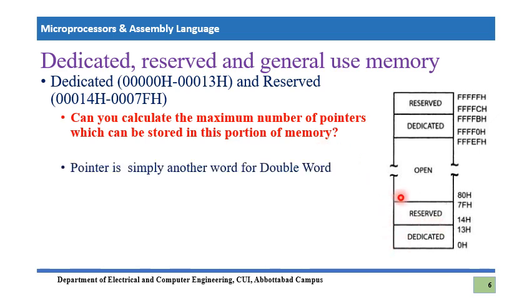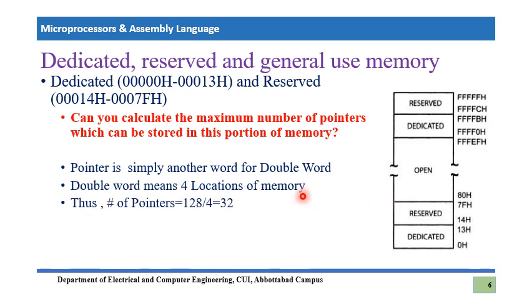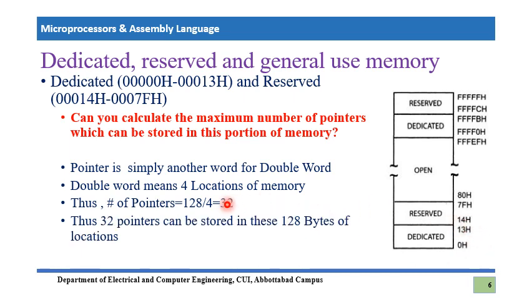Okay, what is a pointer? A double word, or 4 bytes of information, right? And the number of pointers can be easily calculated, since we know that these are 128 bytes. If we divide them by 4 bytes, it becomes 32. So there are 32 pointers stored in 128 bytes of location.